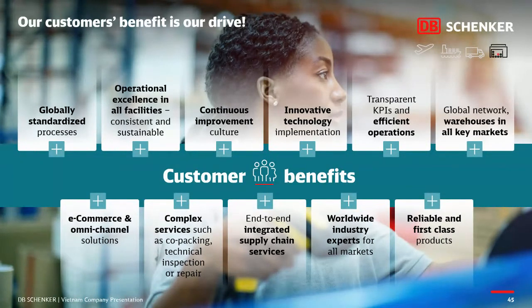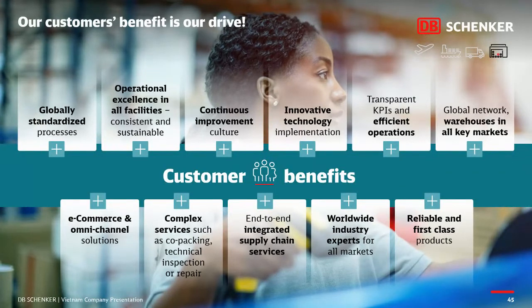We always commit to continuous improvement, and of course implement all the initiative technology, and we have a full range of KPIs to review and verify the operation efficiency with customers. And we have a global network with warehouses operating in all the vertical markets. We have full experience for whatever cargo and any requirement from customers.